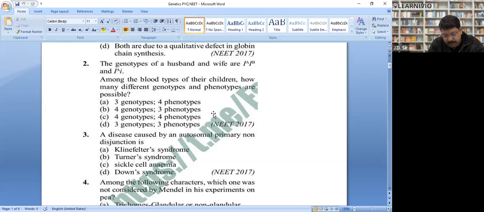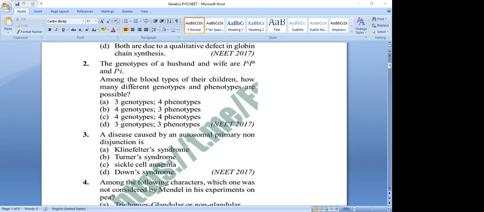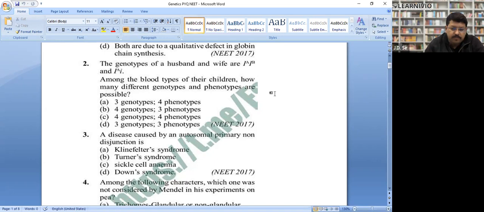That you have to do by pen and paper. This kind of question can be solved with the help of pen and paper. Tell me, Ellen, what should be the answer? Sir, I'm getting 4 genotypes and 3 phenotypes. 4 genotypes and 3 phenotypes.